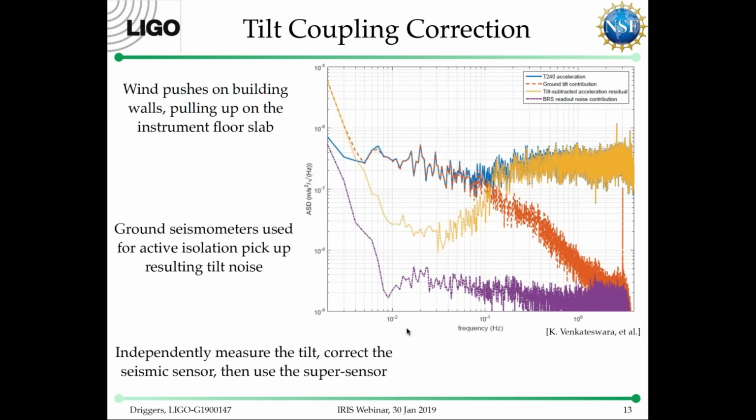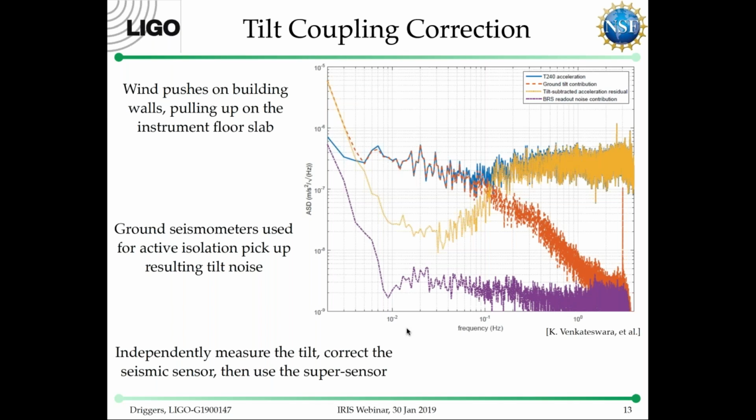So in the plot here, as a function of frequency versus acceleration, in blue, you can see a measurement of ground motion from a T240. You can see also in orange the information from a tilt sensor that has been developed at the University of Washington.